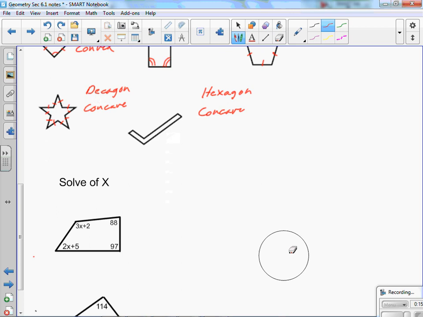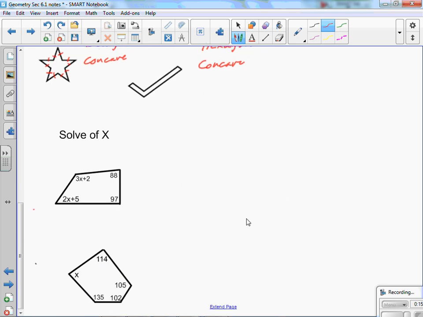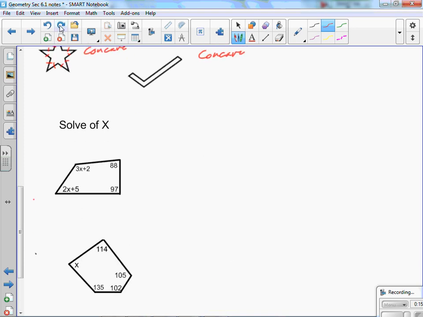All right, so then this last section, solving for x. So first thing we got to do is figure out all these angles are marked. The x's are in 2 of the angles. So in order to figure out what those x's are, we've got to know what the total is for all of the interior angles.